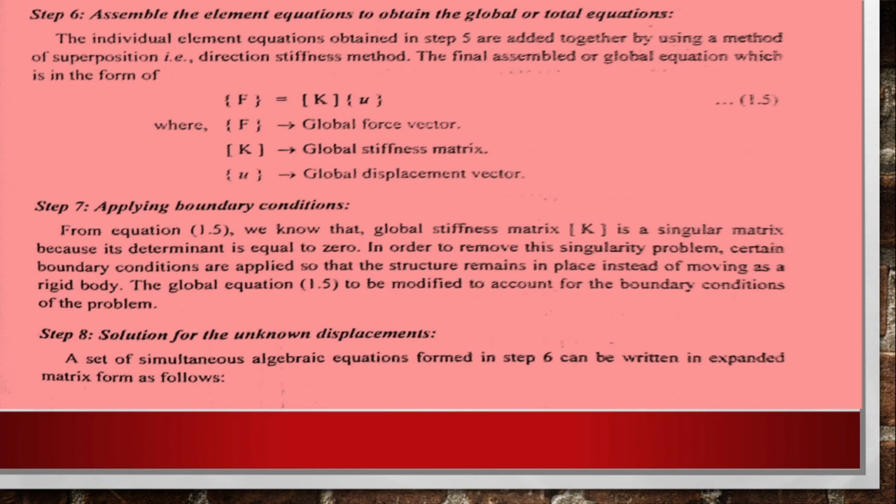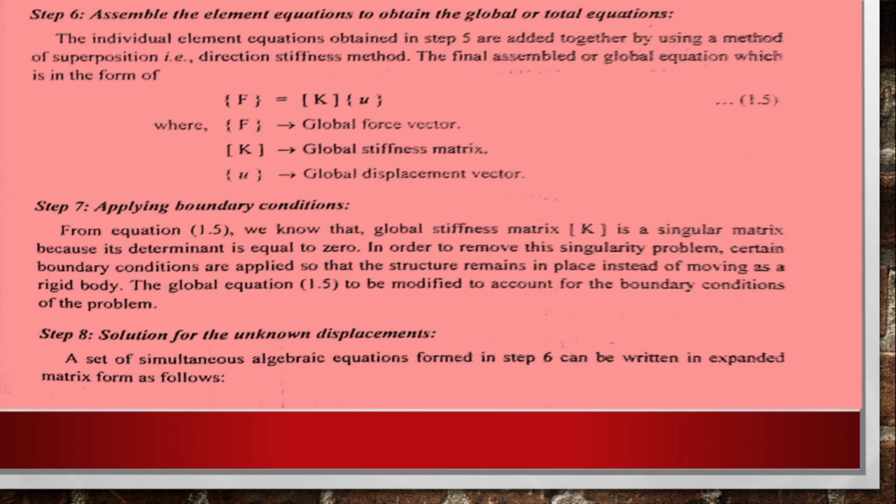F vector is equal to K matrix into displacement vector U. So F is nothing but the global force vector, K is the global stiffness matrix, and U is the global displacement vector.